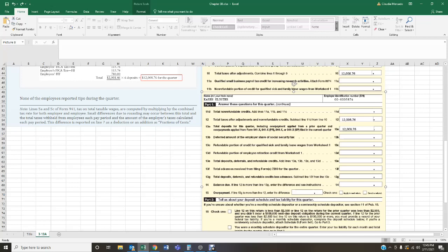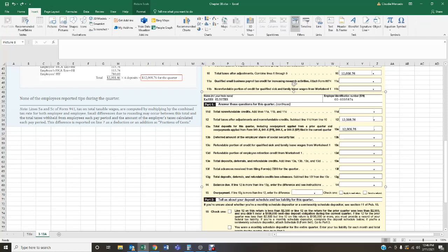Line 13C, refundable portion of credit for qualified sick and family leave wages, was not provided. Refundable portion of employee retention credit, not provided. Total deposits, deferrals, and refundable credits, 13E. So we're going to add lines 13A, 13B, 13C, and 13D. And the only thing we have is one line item. This is 13E right here.